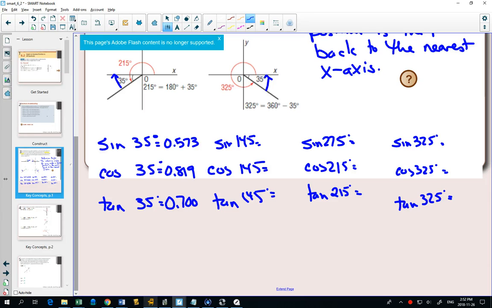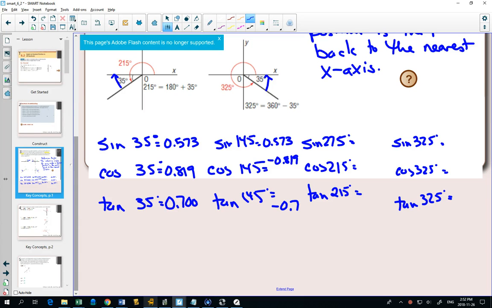Okay. Excellent. Row 3. Sine of 145. 0.573. Cos of 145. Negative 0.819. And tan of 145? Negative 0.7.